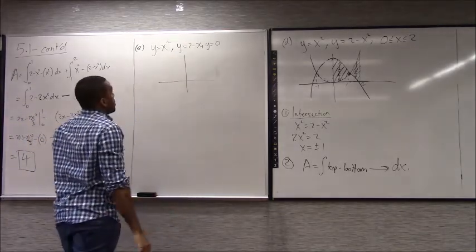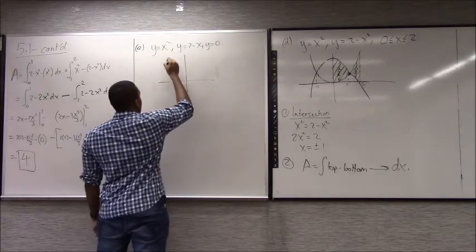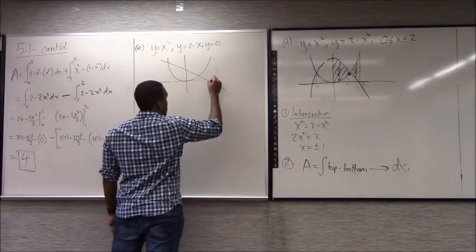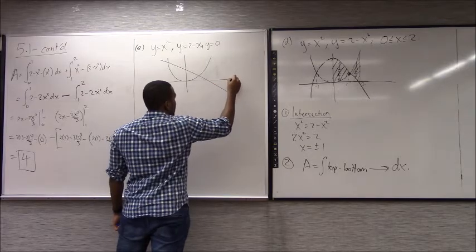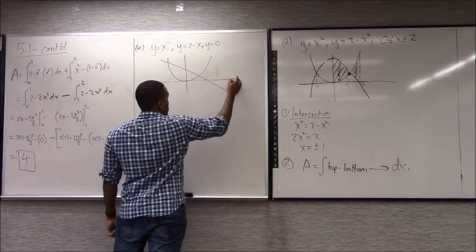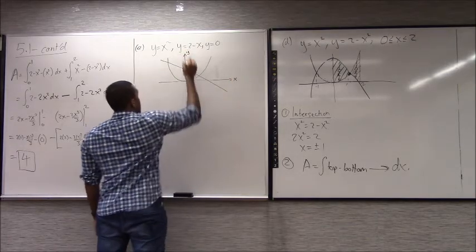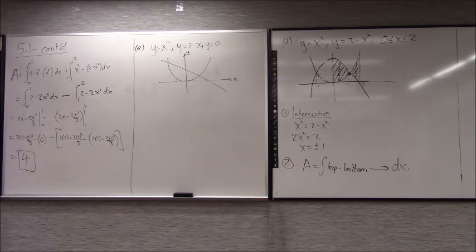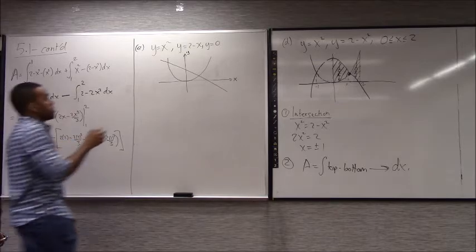Let's graph that. Y equals x squared, y equals 2 minus x. Okay, what's the region that we care about here? Jessica?